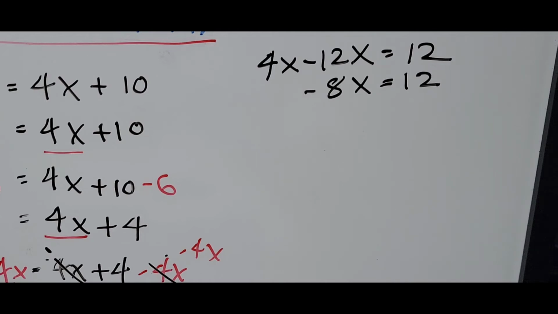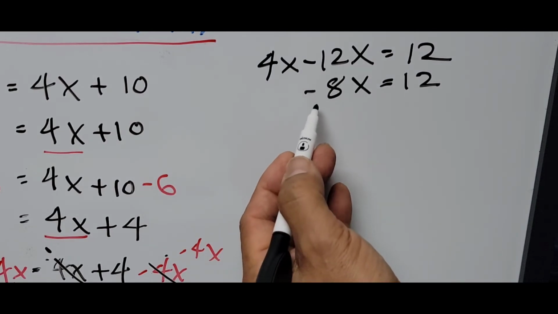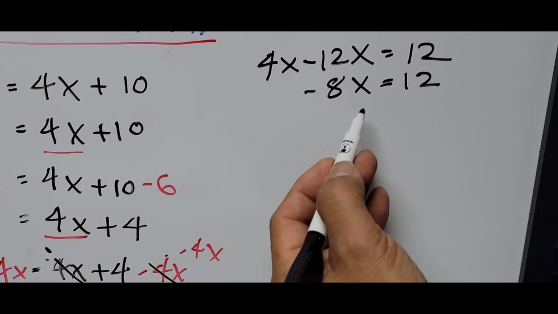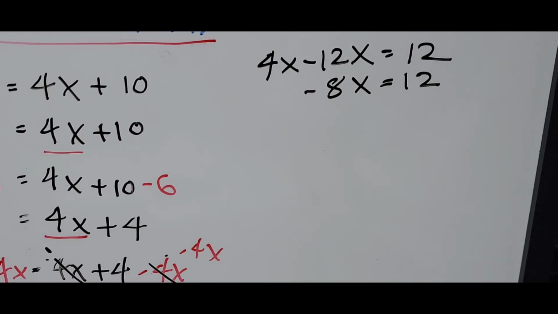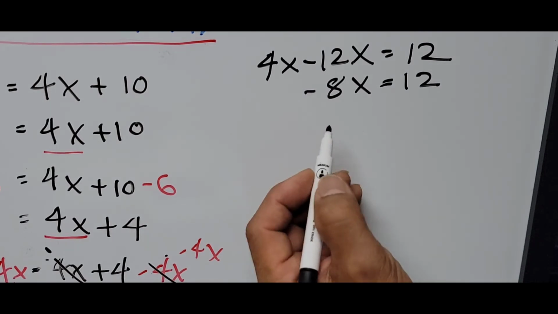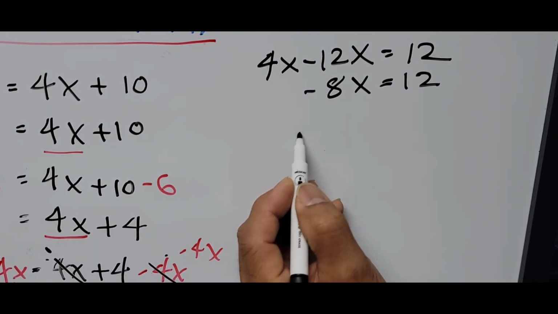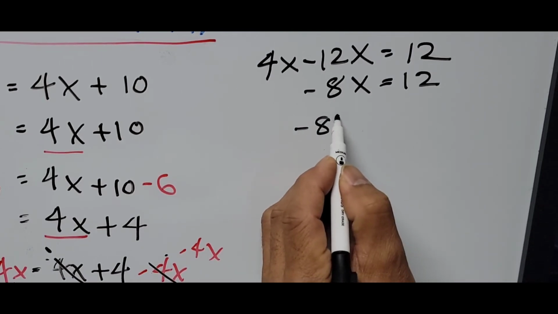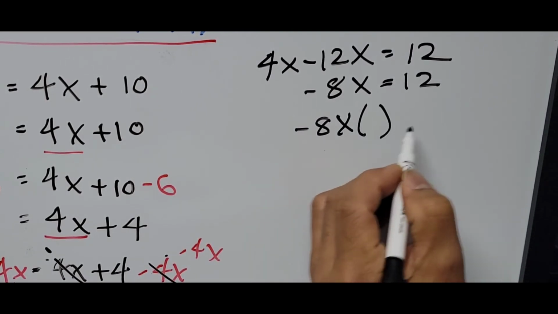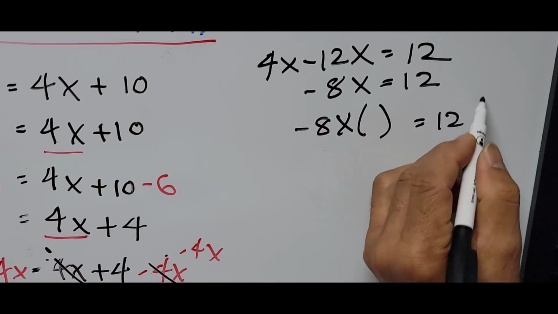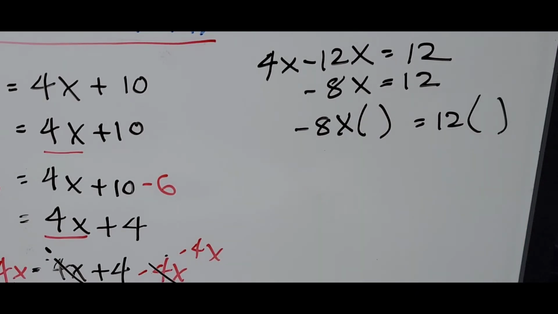Now how are we going to eliminate that negative 8 coefficient of the variable x? We have to multiply it by the inverse of 8. What is the inverse of 8? It's 1/8. 1 over 8, right? So minus 8x times the inverse equals 12 times the inverse of 8.